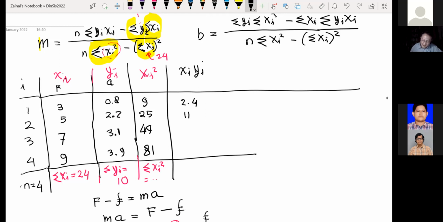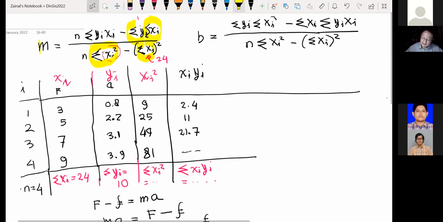This one multiplied by this one is 21.7. And this one multiplied by this one, and that one, you will have sigma xi yi. Okay, is equal to what?